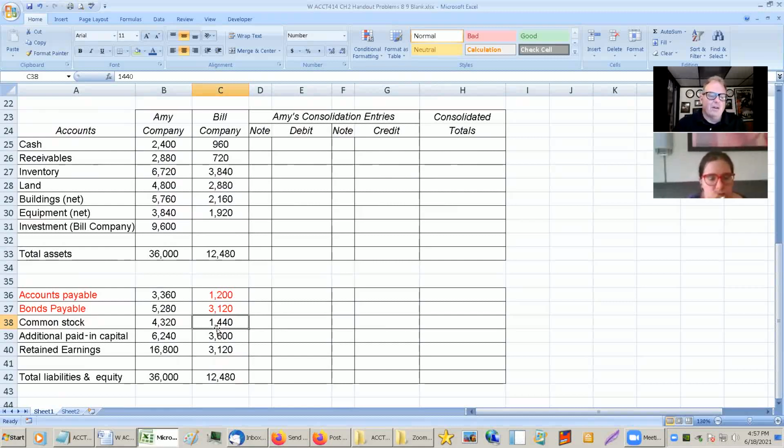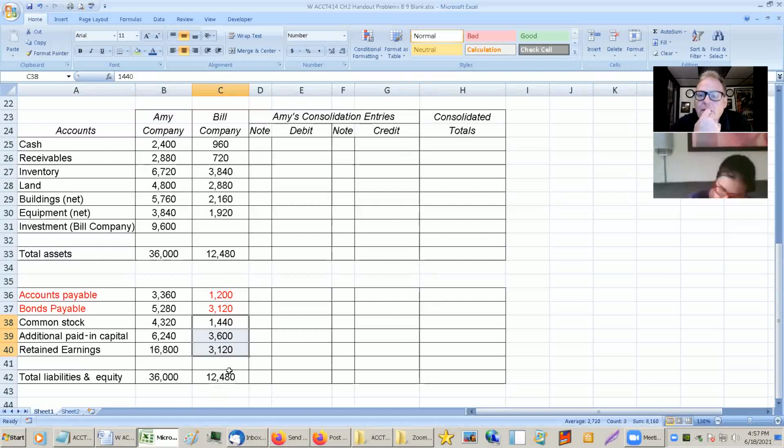Now, if you think about it, this outstanding stock down here and retained earnings for Bill Company, that's not owned by the public. That's owned by Amy Company. It really doesn't exist as far as separate owners. So what we're going to do is eliminate it, because they have the 100%.